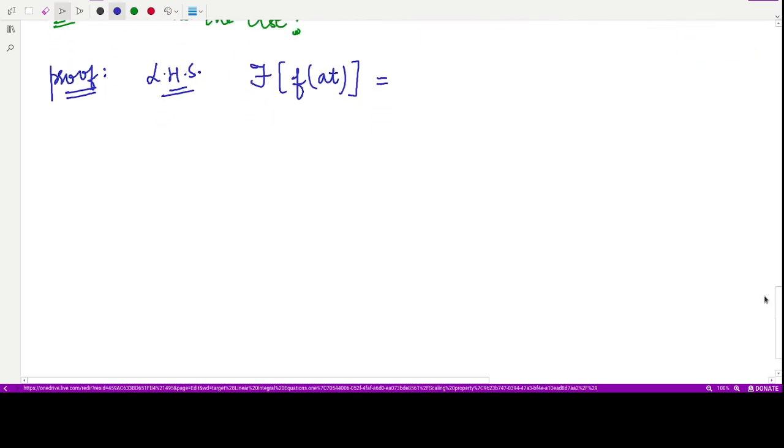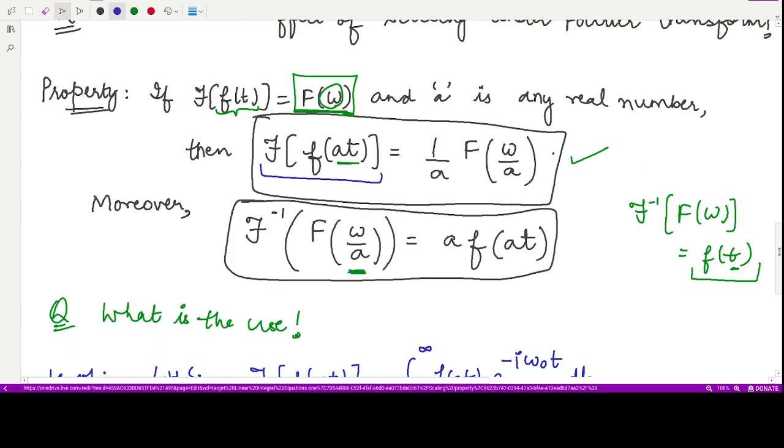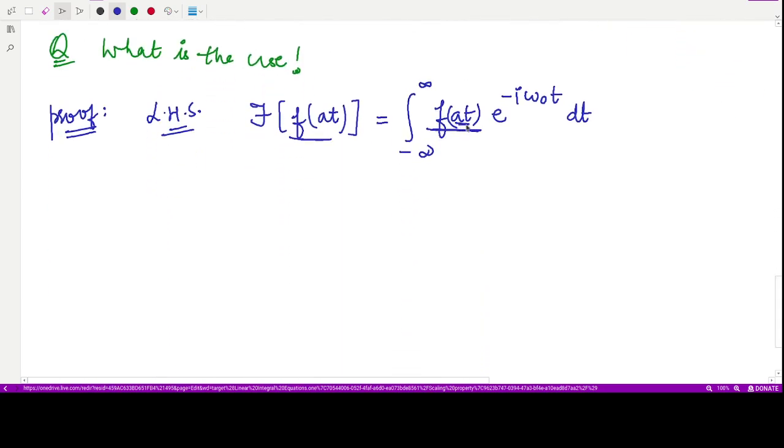According to the definition, it is the integration from minus infinity to infinity of the function times e to the power minus iota omega naught t dt, right? And the function we have is f of a t. Now we want to convert this into f of t, so we want to remove this factor from here.